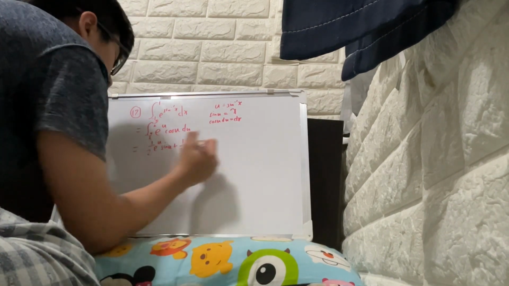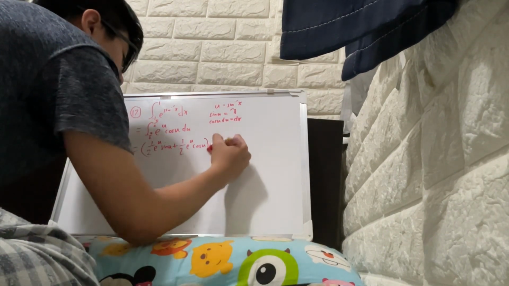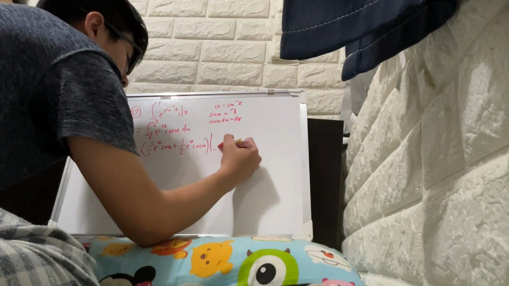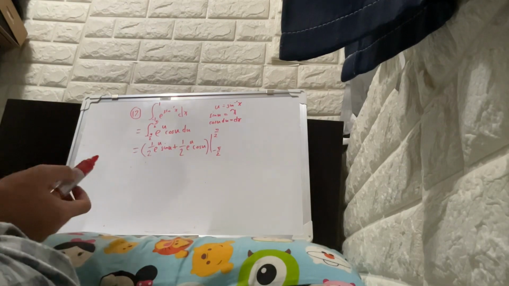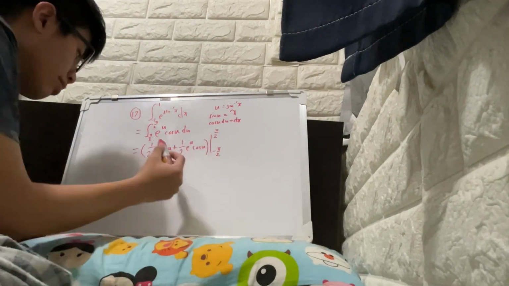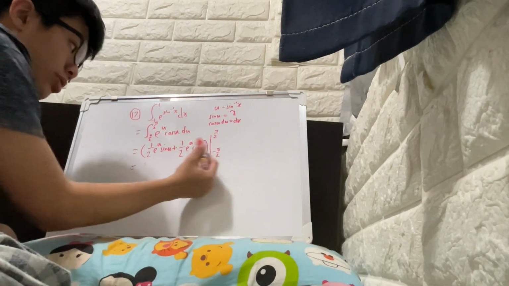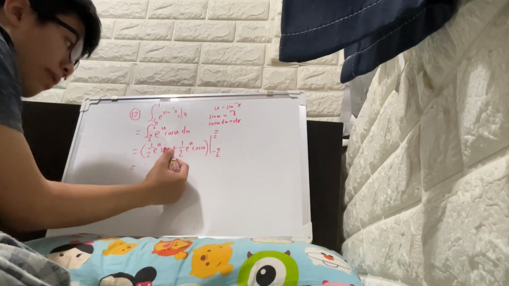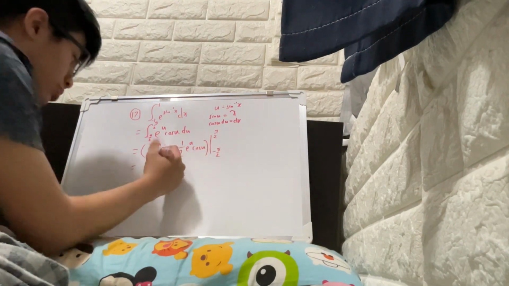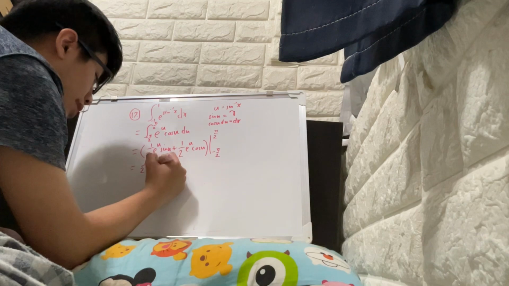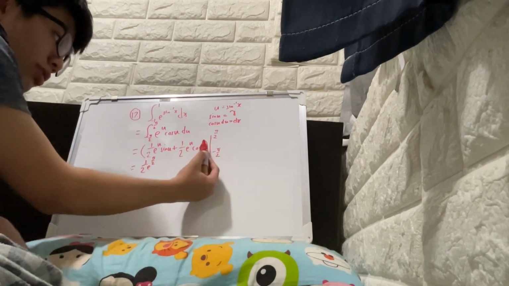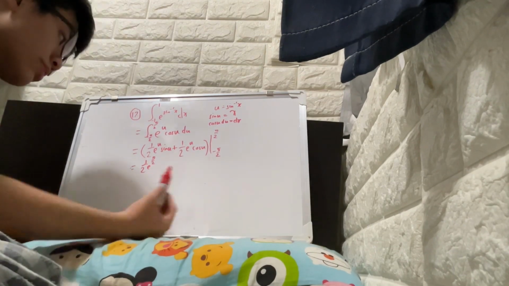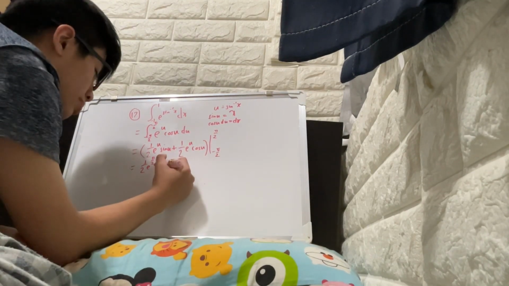Put a parenthesis, and then we plug in negative pi over 2 and positive pi over 2. Putting pi over 2 into sine u, sine pi over 2 is 1, so you get 1/2 e to the pi over 2. Cosine pi over 2 is 0, so you get plus 0.